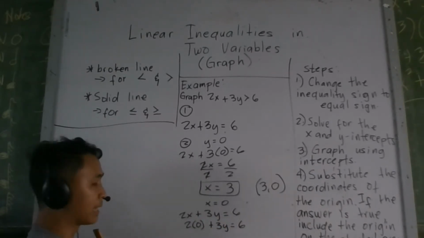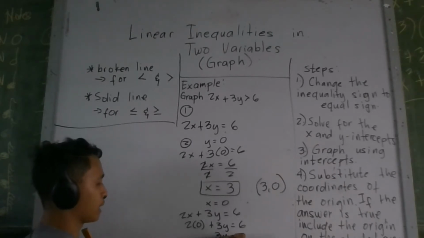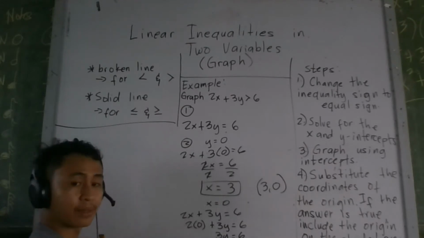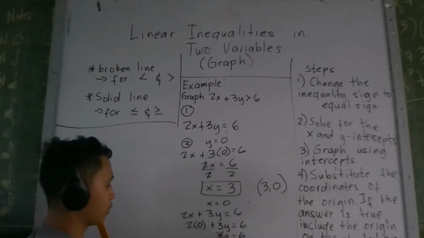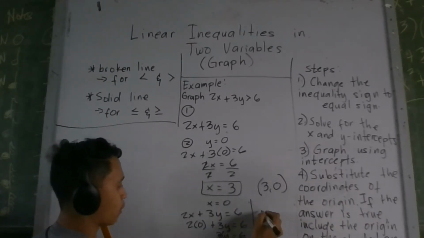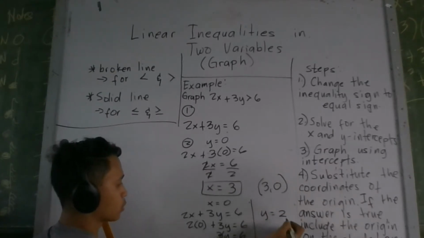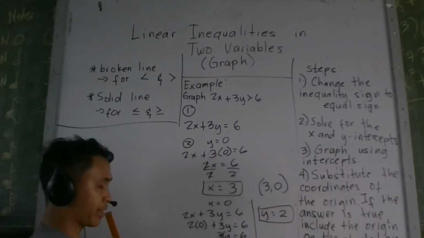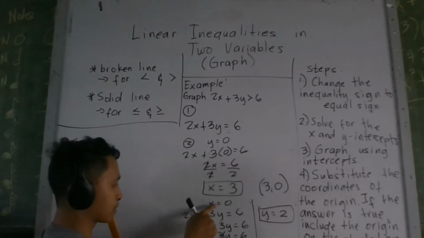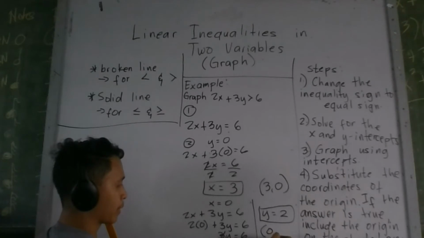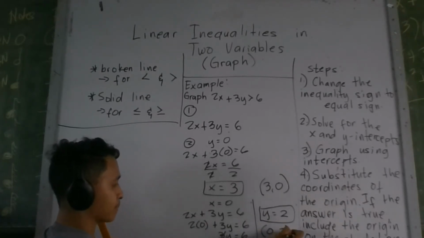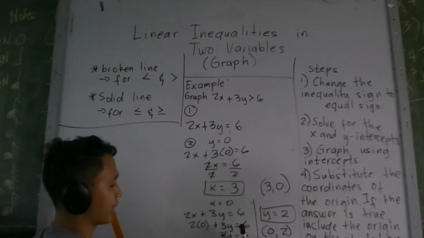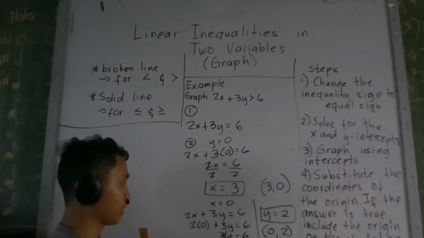Yung matitira is 3y. 3y would be equal to 6. Divide both sides by 3, right? If we divide that by 3, we will be left with y equals 2. Okay? And if y is equal to 2, the coordinate is yung x 0, yung y is 2. So now we have the x intercept and the y intercept. Take note of that one.